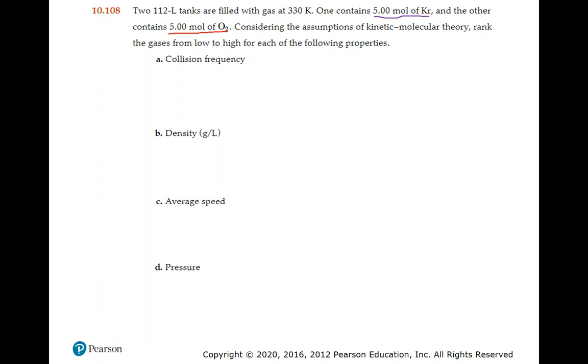The only thing that's different about the two is one of those is krypton, and the other one is oxygen. And specifically, if we write down those molar masses, because that'll become important later, for krypton, if you look that up on the periodic table, that's going to be 83.79 grams per mole.